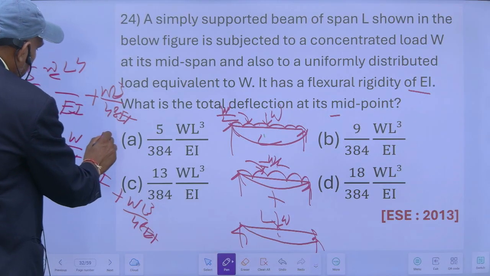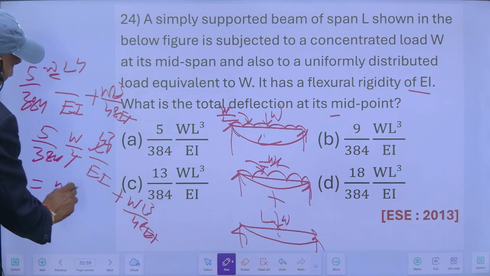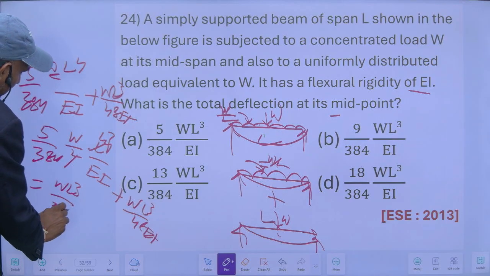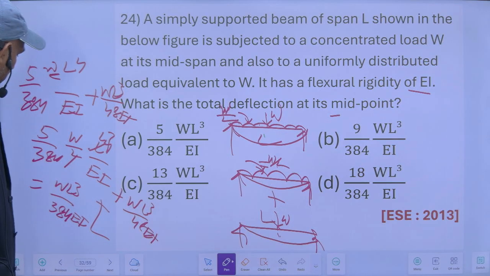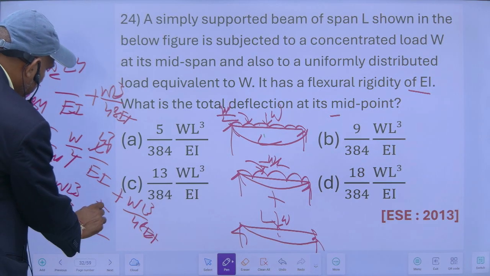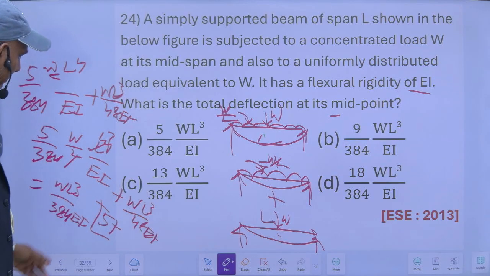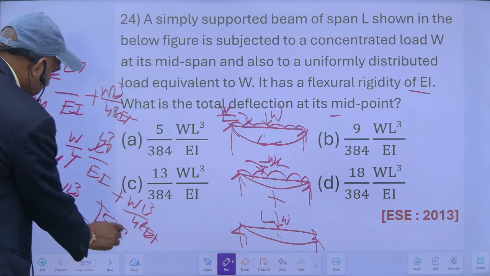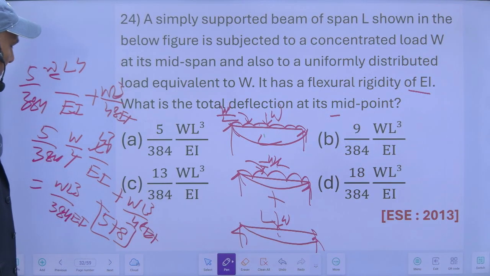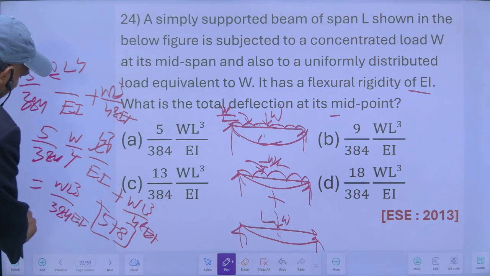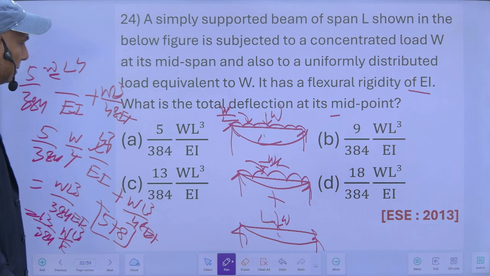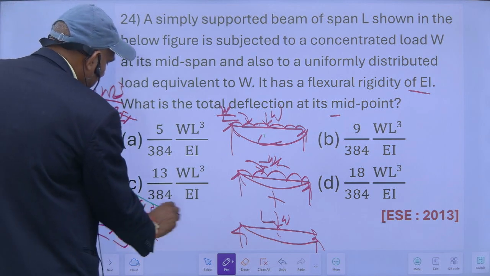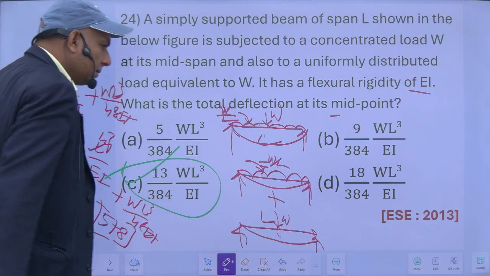So if I take WL^3 upon 384 EI common, so this will be 5 plus this will be 8, so it will be 13, this will become 13 over 384 WL^3 upon EI, means this one is the right answer.